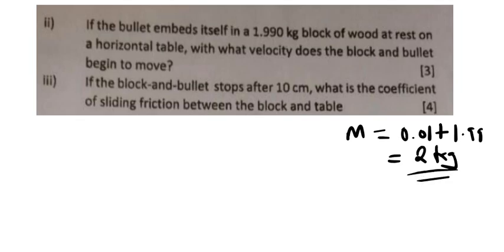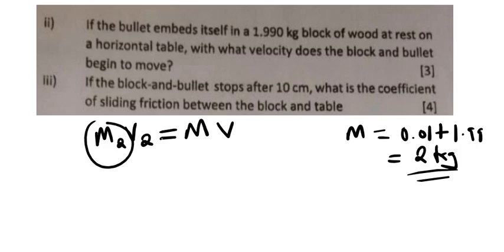So if it is giving me 2 kg, we are going to use the conservation of momentum just before and just after embedding. We're going to have our mass 2 multiplied by v2. This will be the final mass multiplied by the velocity, because the masses themselves are going to add up.